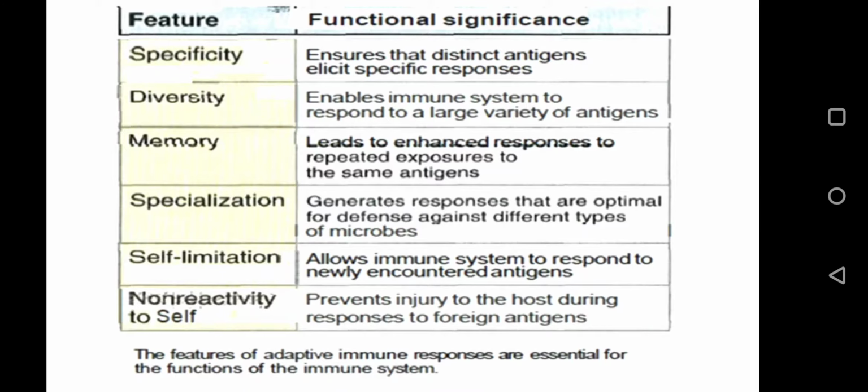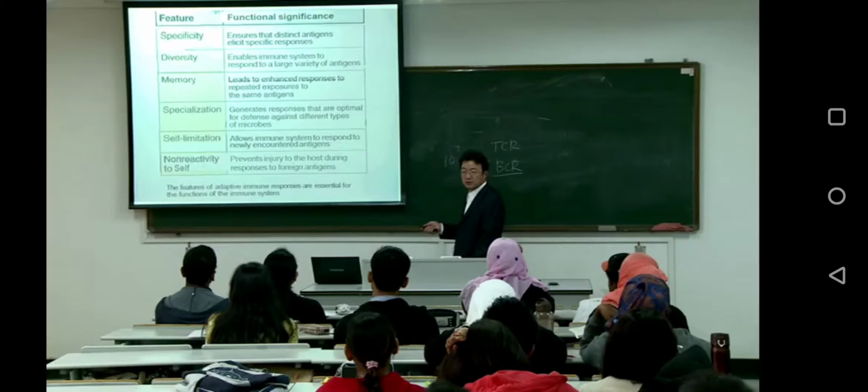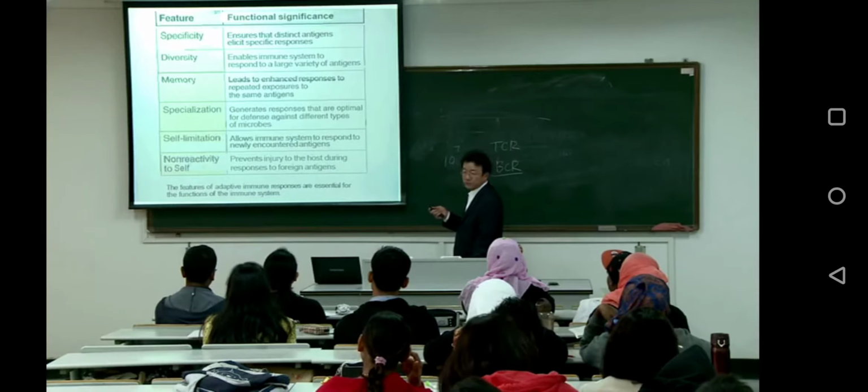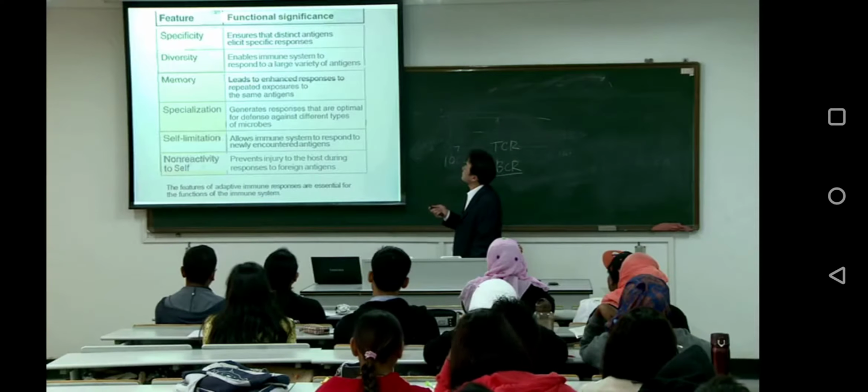So specificity, diversity, memory, specialization, self-limitation, and non-reactivity to self are the six features of the immune responses.